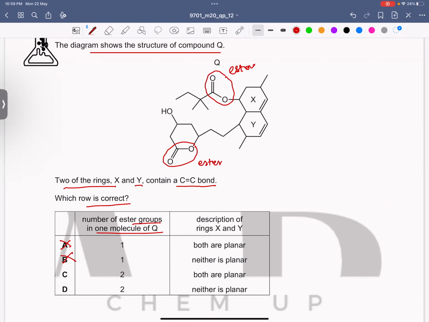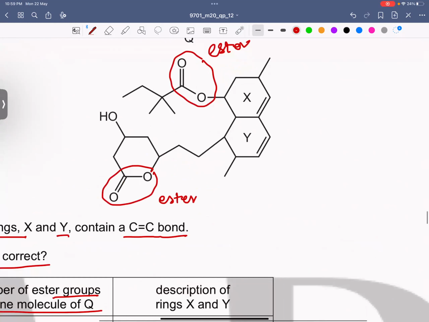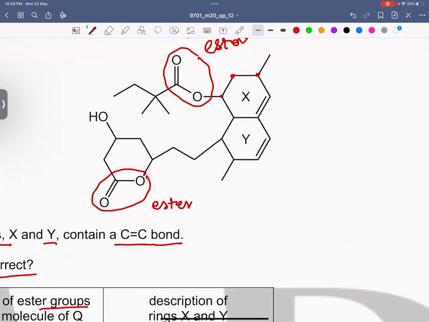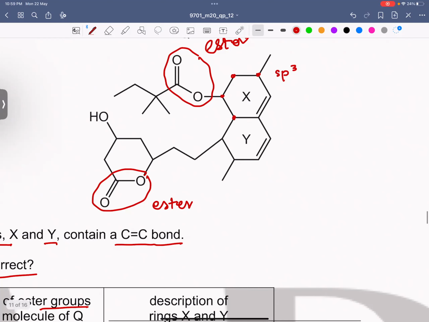Description of the rings X and Y. So if you look over here, this carbon, this carbon, this carbon, and this carbon, all of these carbons are sp3 hybridized, which means between these carbon atoms, the bond angle is 109.5 degrees, right?